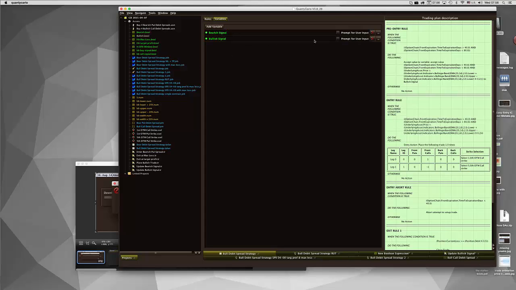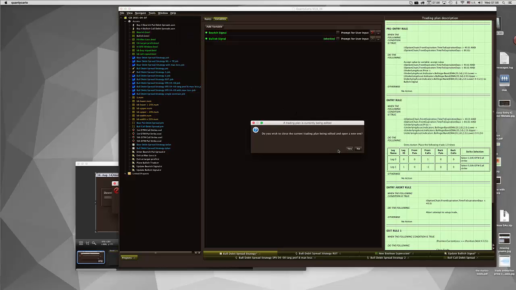Let me just pretend that I haven't defined it. I'll delete that, and oh, now it's inherited. So let me create a brand new trading plan that doesn't have any inherited variables.